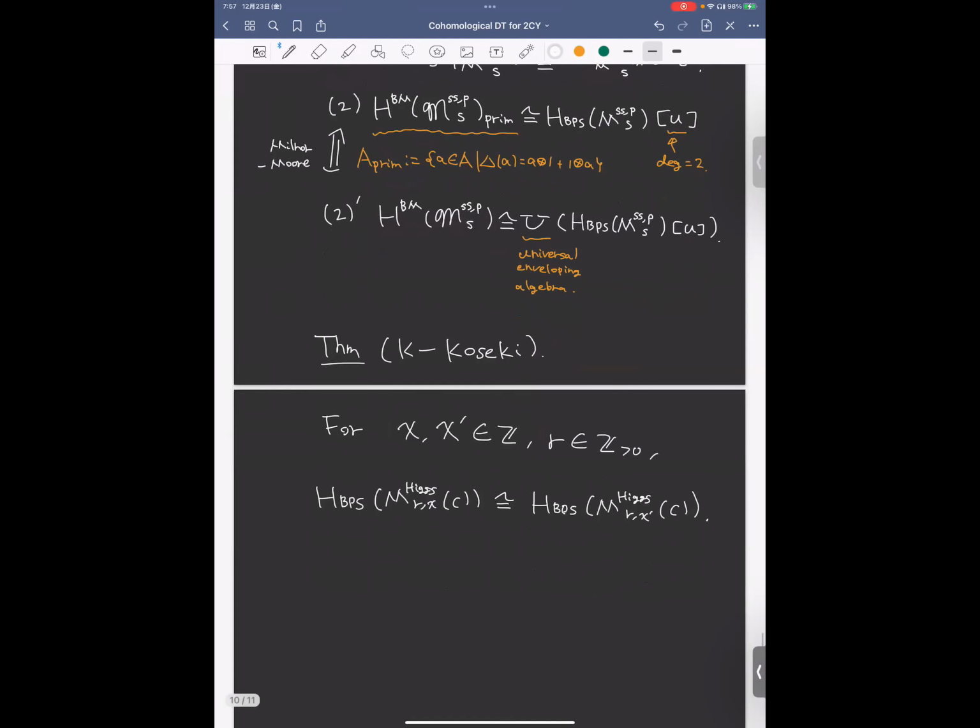And finally, I also want to mention a corollary of the work of Ben Davison, Lucien Hennecart, and Sebastian Schlegel Mejia.